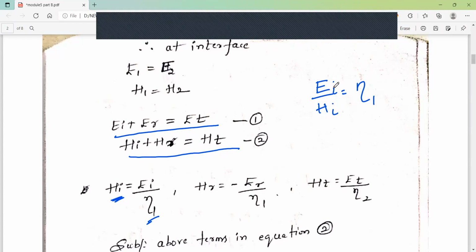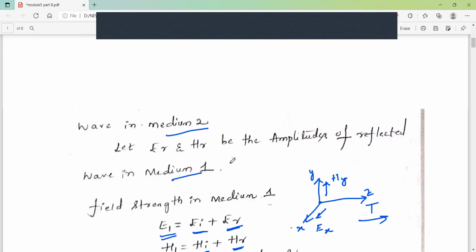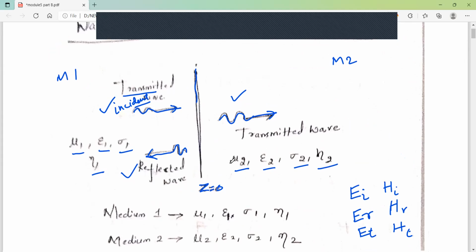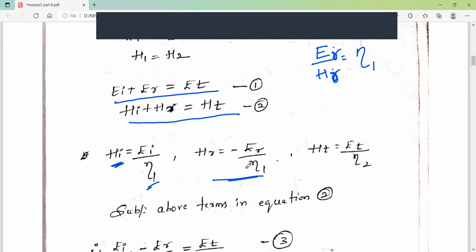Similarly, the reflected wave is only in medium 1, so there also we are going to get this expression. But one difference over here is that the electric and magnetic field will have a 180 degree phase shift when it is reflected back.